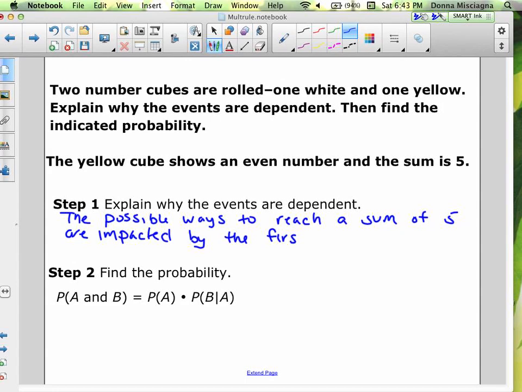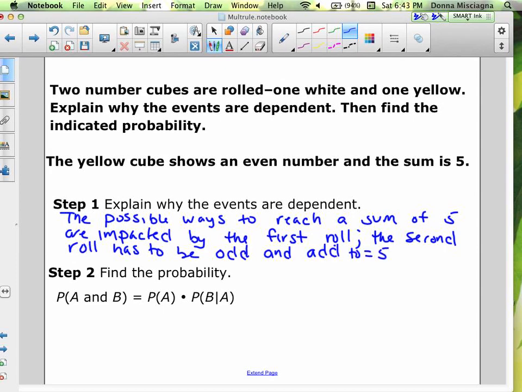For instance, if the first roll is even, the second roll's got to be odd. That's the only way you're going to have an odd number. So the second roll has to be odd and add to equal 5 with the first roll.